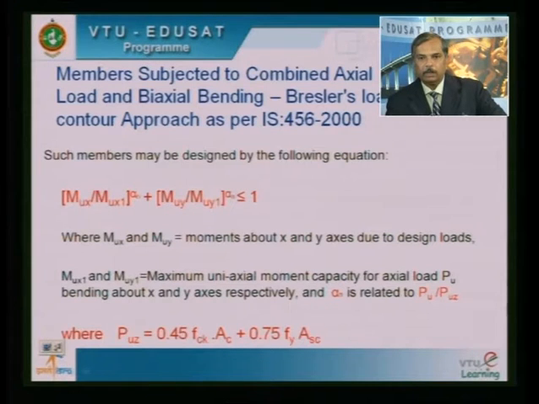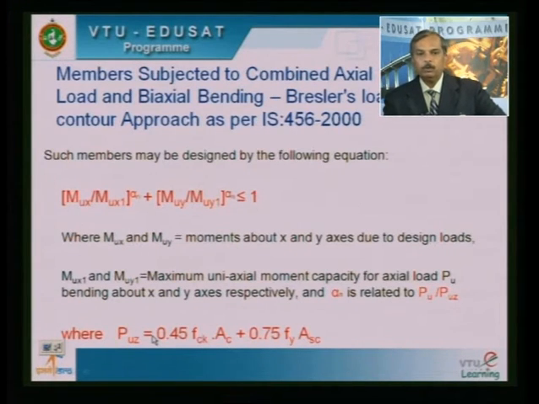That is again a non-dimensional parameter, and PU is the ultimate load given in the problem, and PUZ is the absolute maximum load carrying capacity of the same column, provided there is no moment MUX and MUY. That is the formula for PUZ, which is given in our IS 456 and also in our SP16.